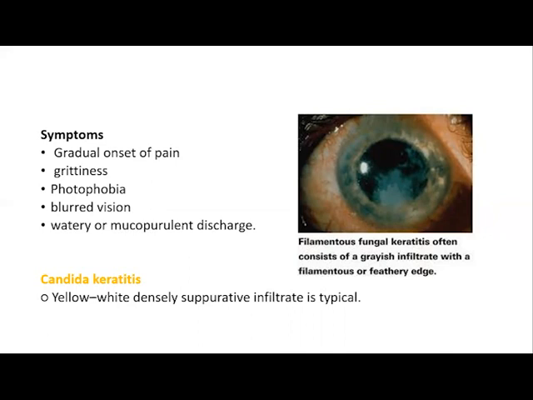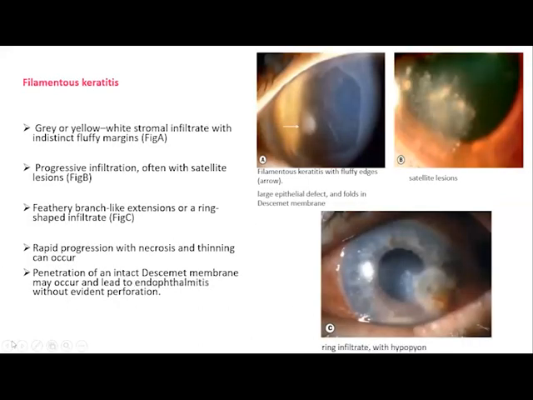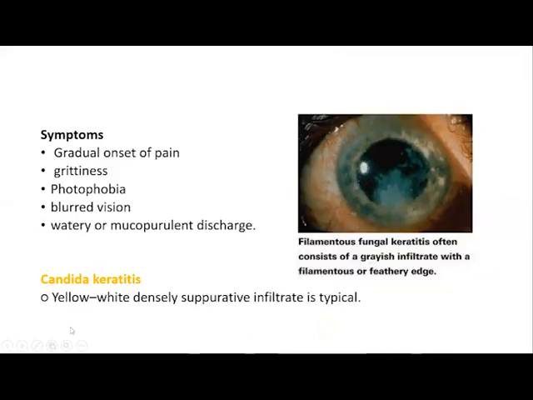This image is showing filamentous fungal keratitis, which has a grayish infiltrate with filamentous or feathery edges.